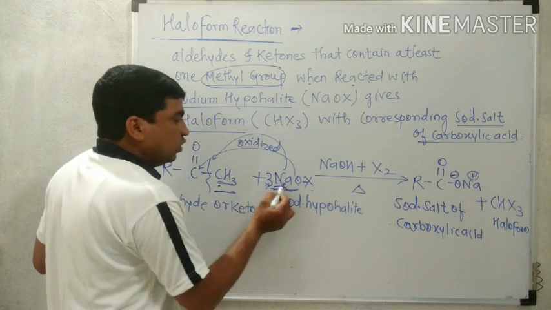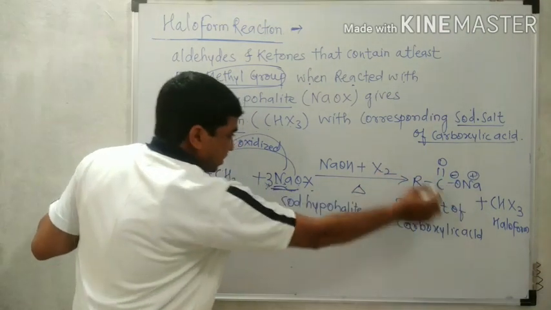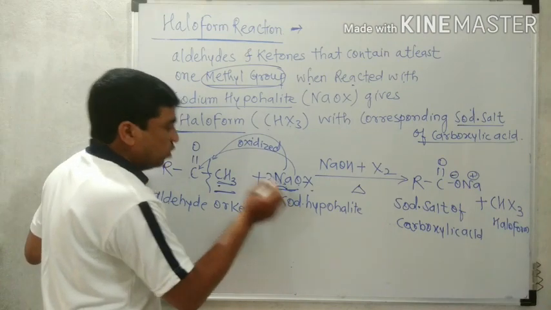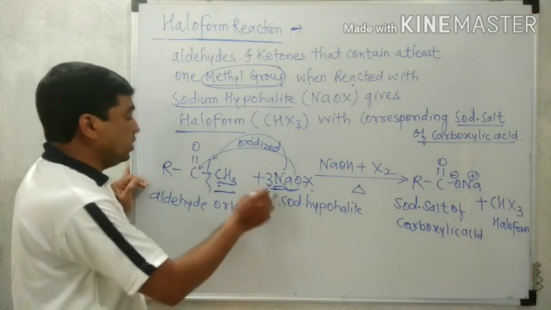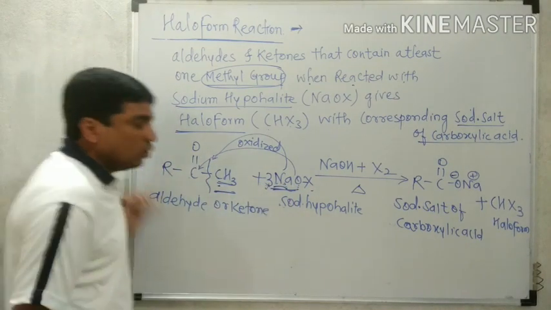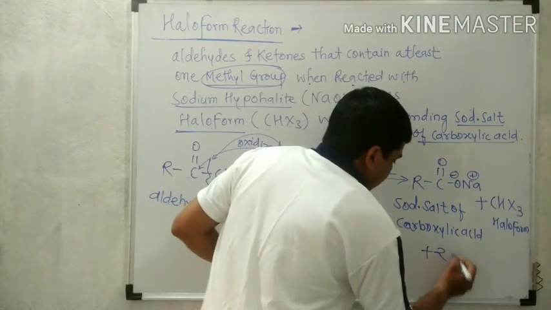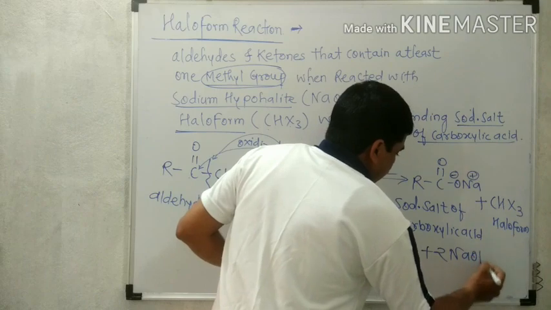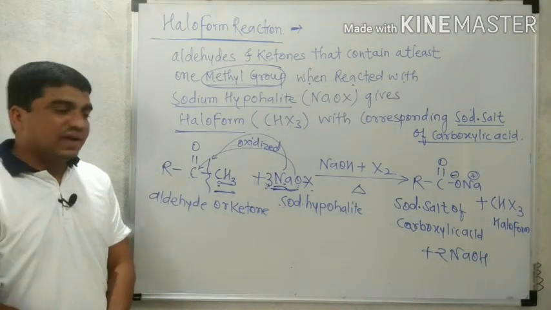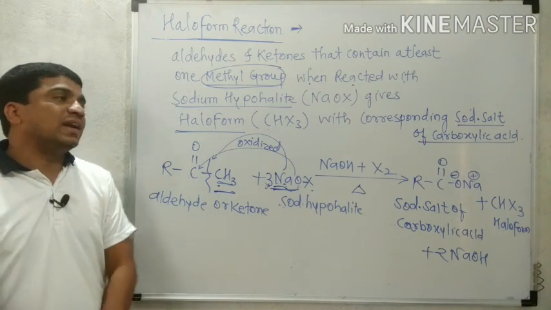So what is remaining? Out of three sodium, one gets attached in the carboxylic acid. Two remain, two sodium with two oxygen and two hydrogen. So therefore the byproduct is two NaOH. Two molecules of sodium hydroxide are obtained as byproduct. Now that is the general reaction.